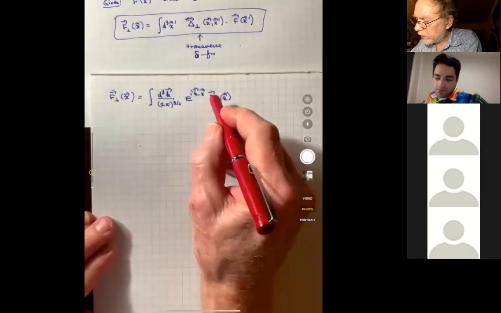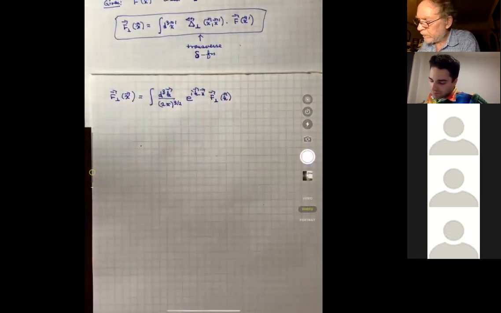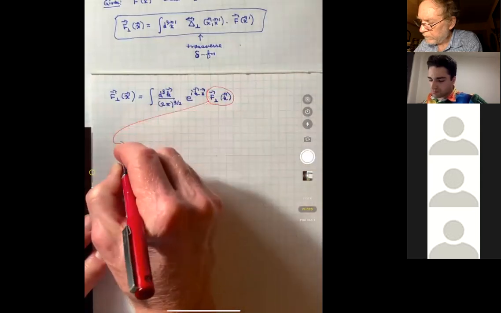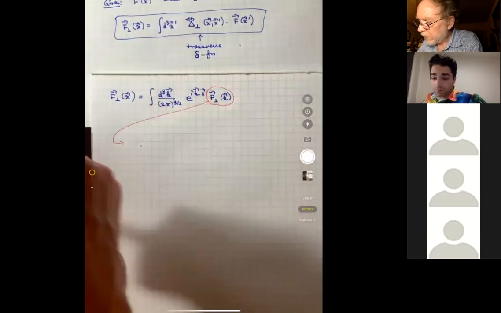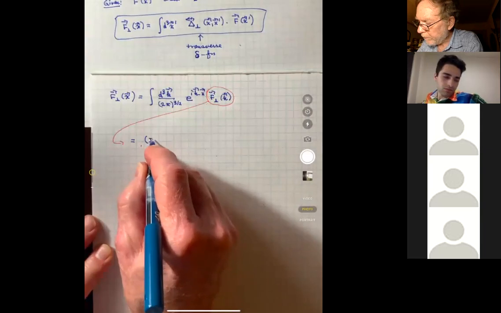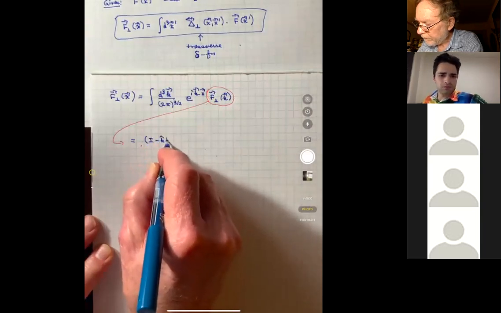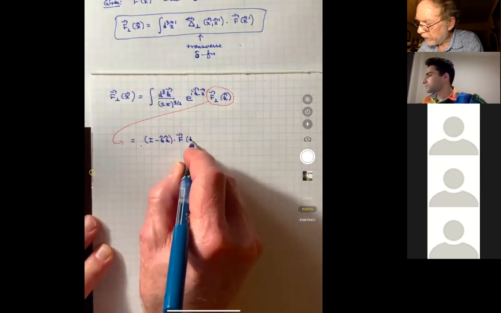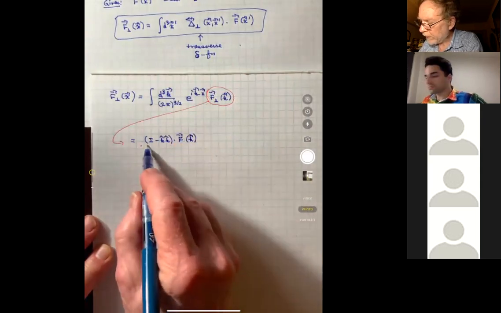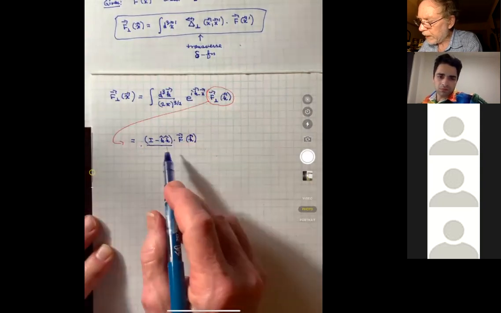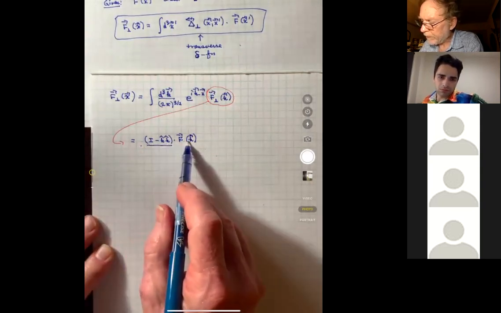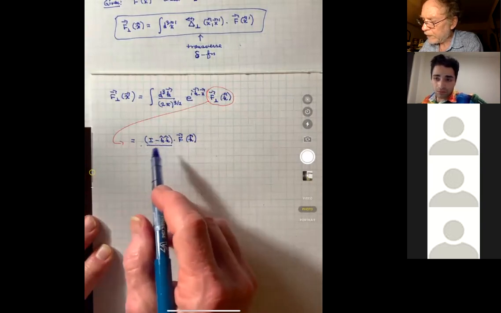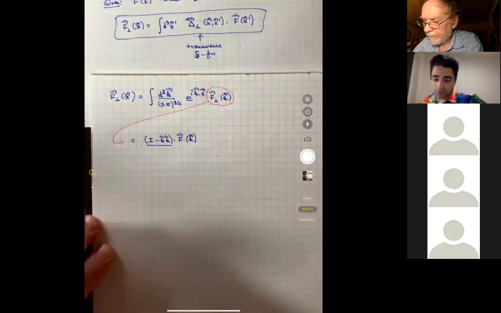But f transverse in k space, switch to red ink, bring it over here, is equal to the identity minus k hat k hat multiplied onto f in k space without the transverse. This first factor here is the transverse projector in k space. The k hat k hat projects out the longitudinal part. The identity just does nothing. Subtracting the two gives us the transverse part.